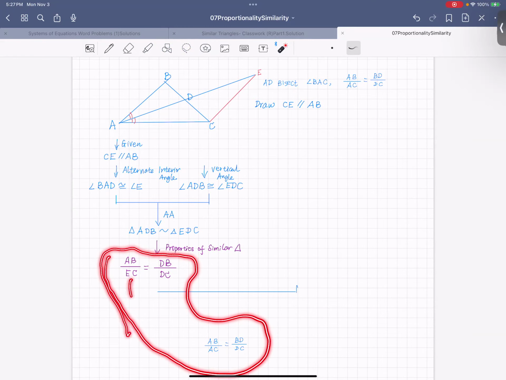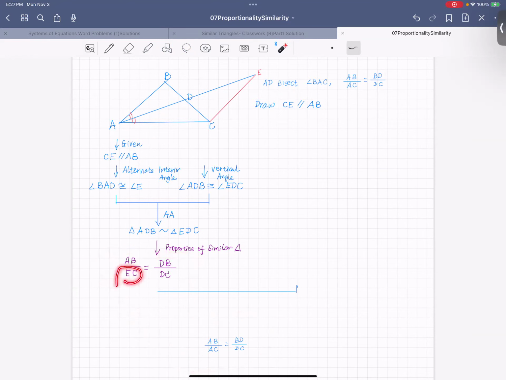EC to AC. Yes. That means we want to get these two to be congruent, right? If we can fill this guy right here, we are able to make EC congruent to AC, then we will be able to prove this to be true.